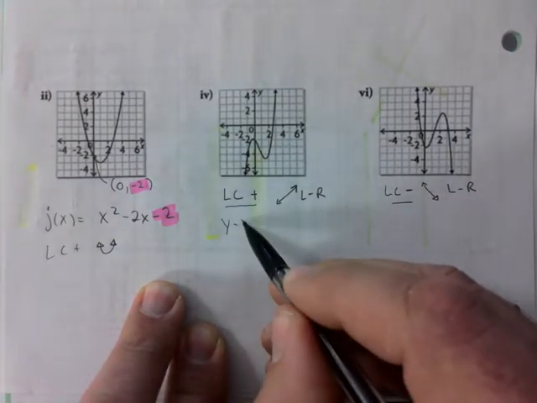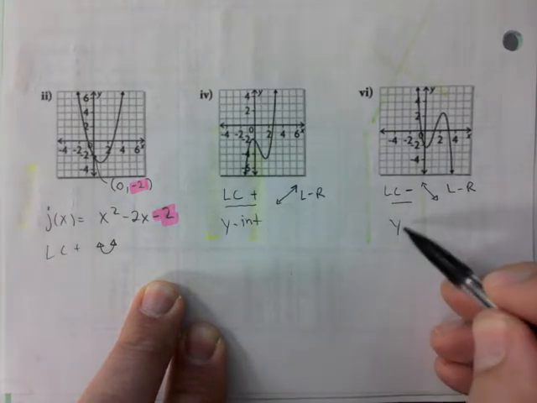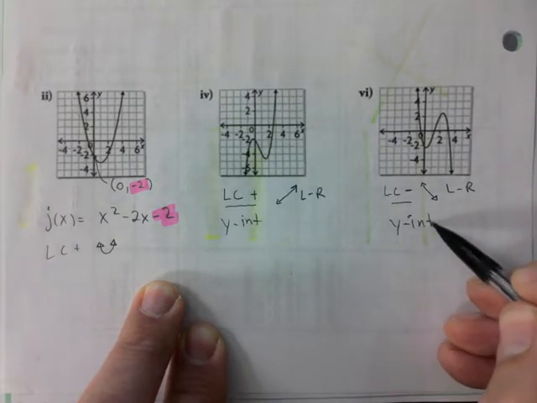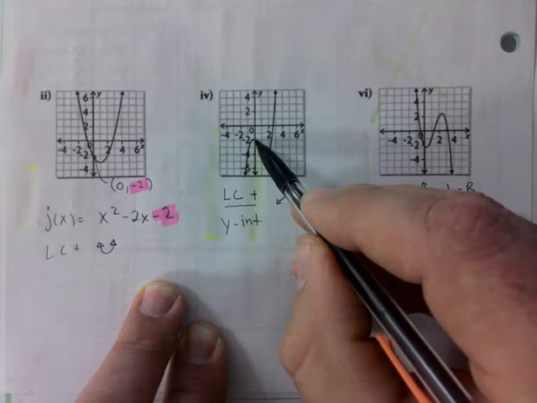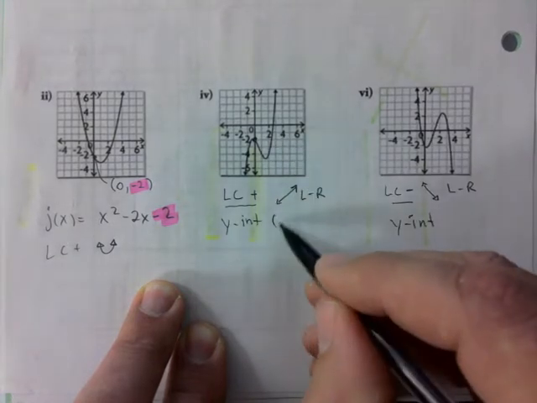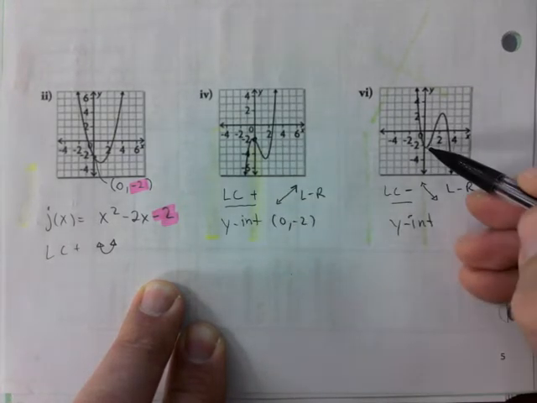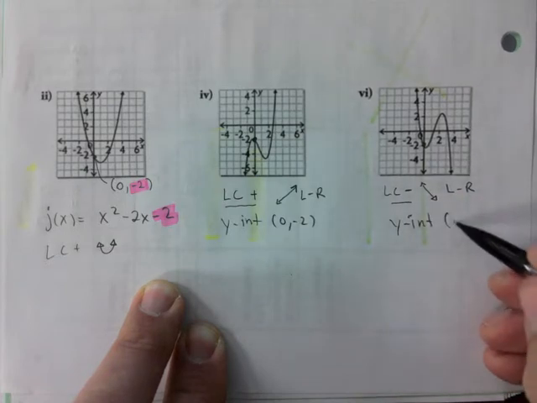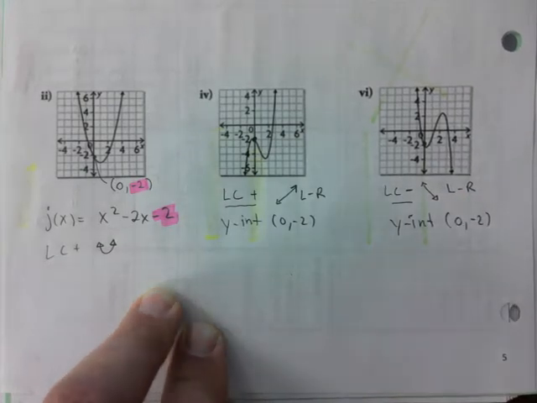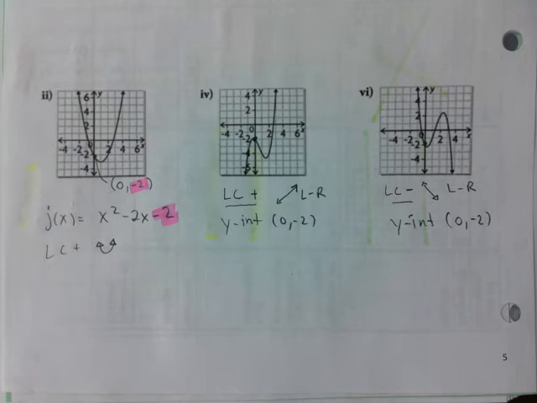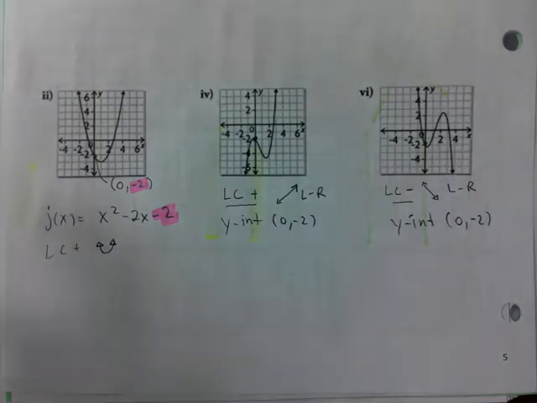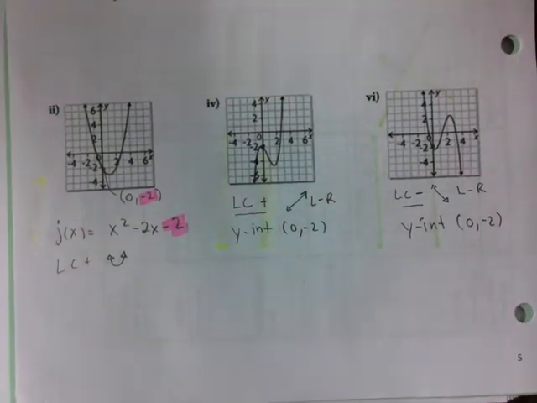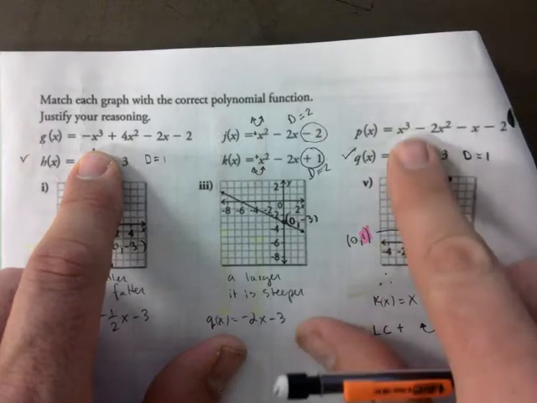What's the y-intercept for both of them? Let's figure out the y-intercept. What is it for this? It's 0, -2. And for this one, it's 0, -2 as well. So that doesn't really help us to narrow it down. So we're going to have to go by the leading coefficient. So we go up here and pick the one that has a leading coefficient positive, right? So you look at both of them.